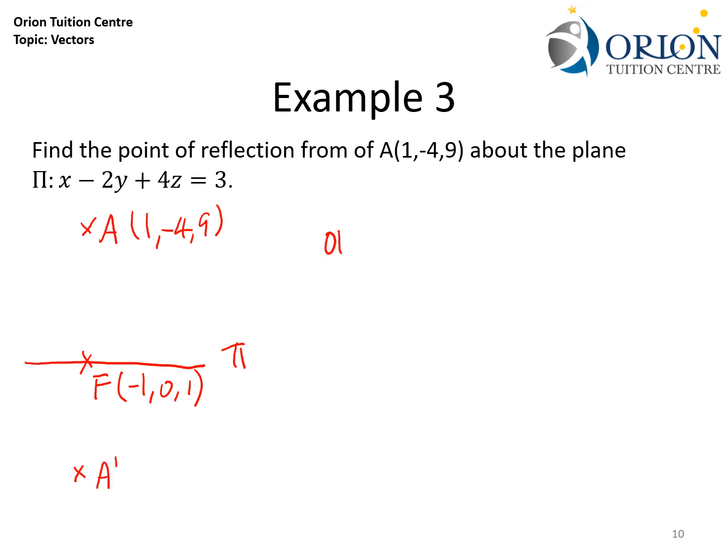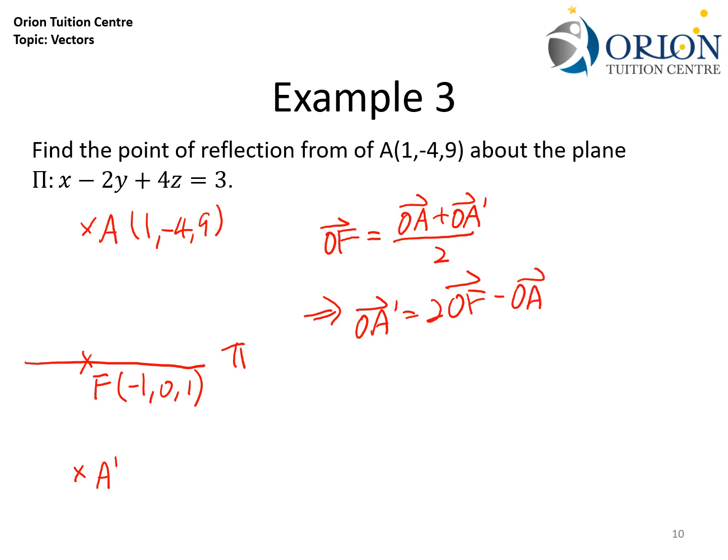We know that OF equals OA plus OA prime over 2. This gives us OA prime equals 2OF minus OA, which is 2(-1, 0, 1) minus (1, 4, 9). Therefore, OA prime will be (-3, -4, -7).